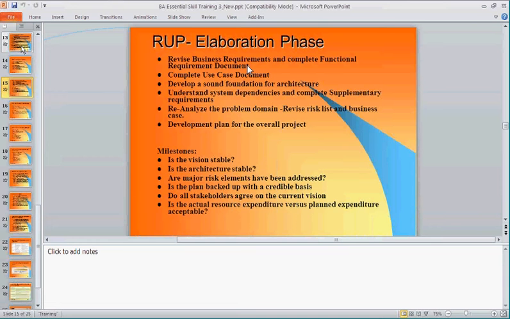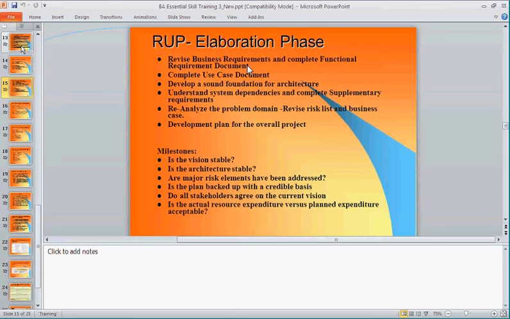So if I want this application to be super fast, then I may need more servers. Yes or no? So there is a dependency, isn't there?